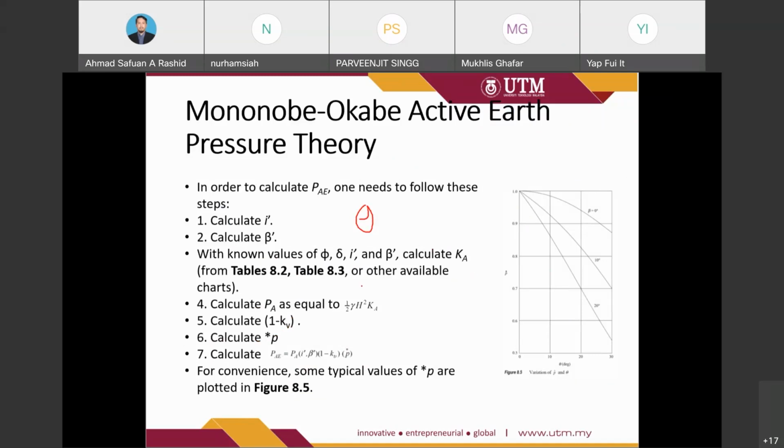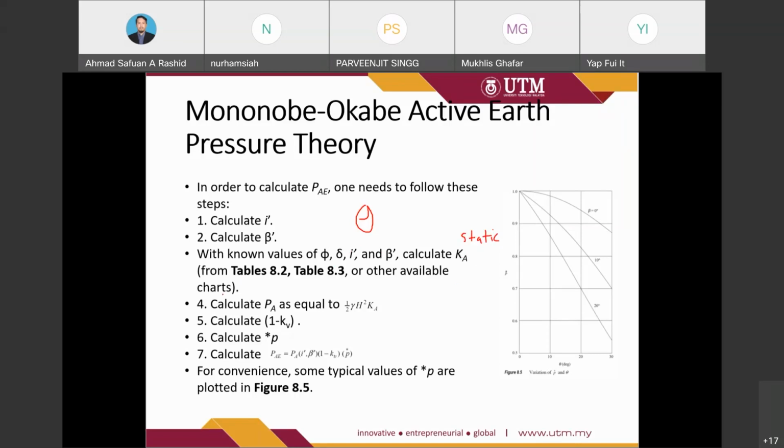So this means that we can still use the static table, from table 8.2, 8.3. By assuming I prime is equal to I, and also beta prime is equal to beta, we can use the static KA to represent the KAE.